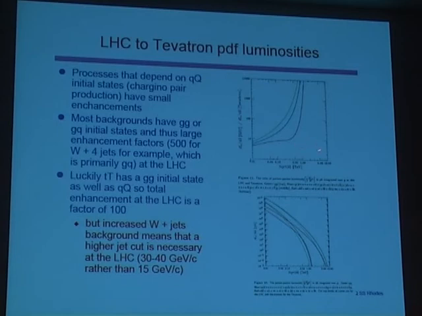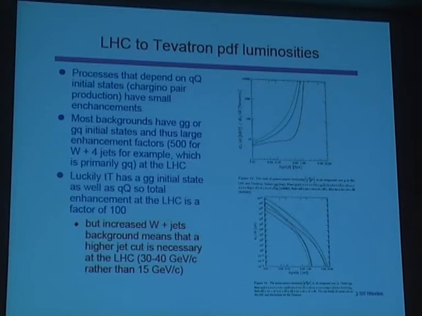So the Tevatron has valence antiquarks, and so the enhancement factor, until I get above 500 GeV or so, is only a factor of 10 or less. Suppose that I have a signal, some new physics like chargino pair production that proceeds by q-qbar. In that case, I'm going to have an enhancement factor that's something between 5 and 10.